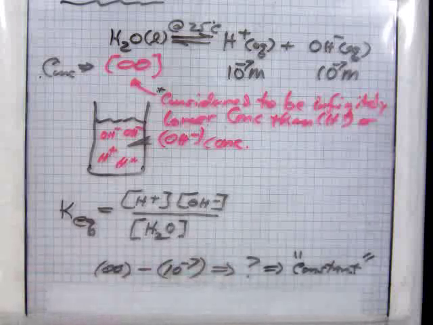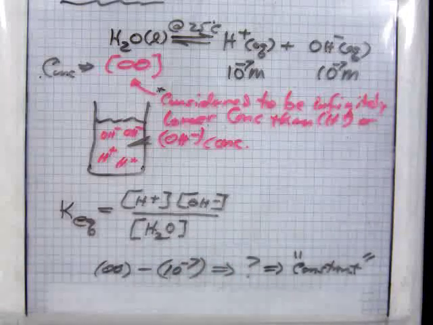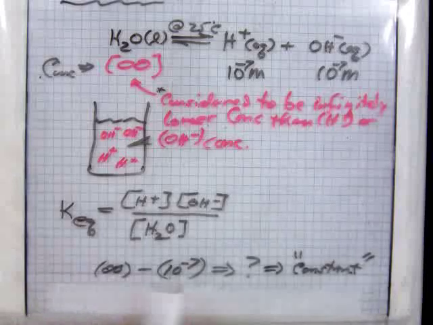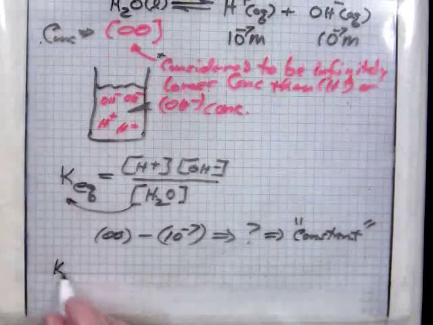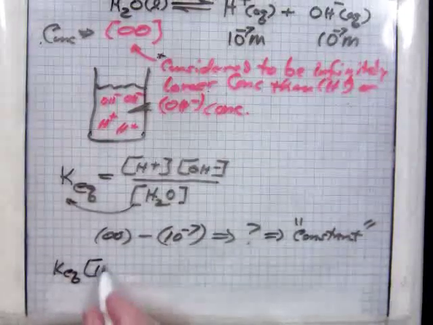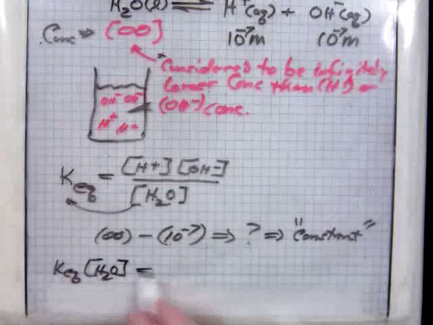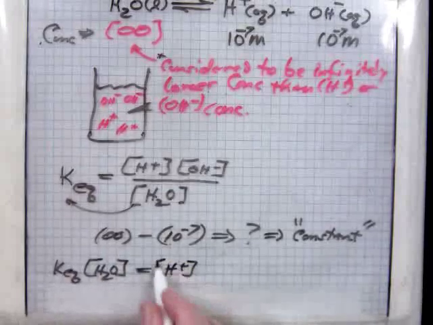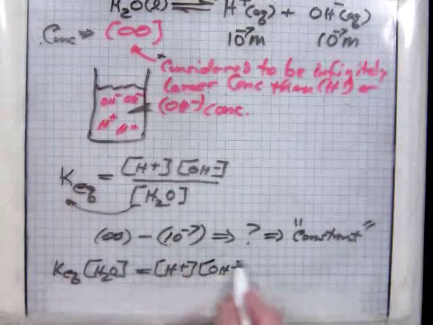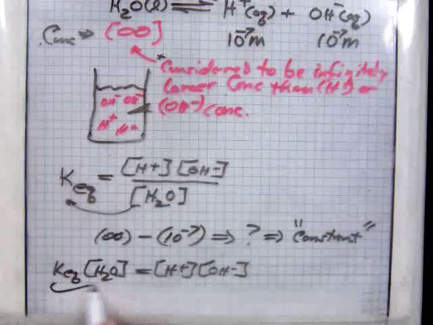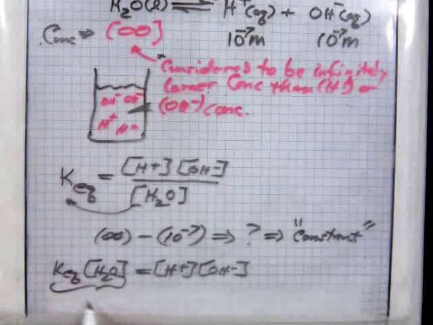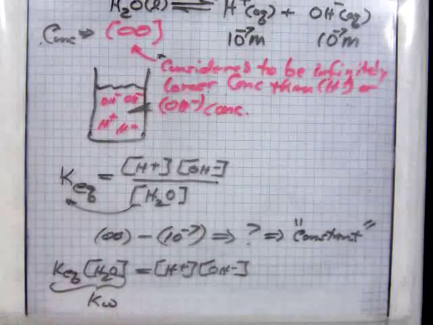Okay, so if it is a constant, you collect all the constants on the left side of the expression. So we'd move this one over here, and we would have Keq times H2O concentration equal hydronium ion concentration times the hydroxide ion concentration. This expression on the left is redefined as the Kw of water.